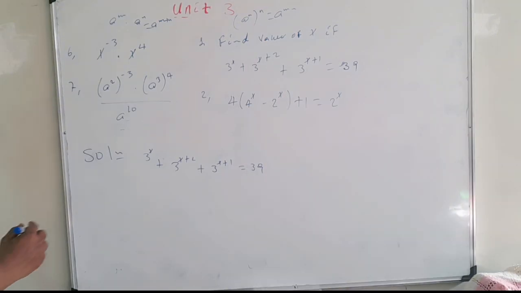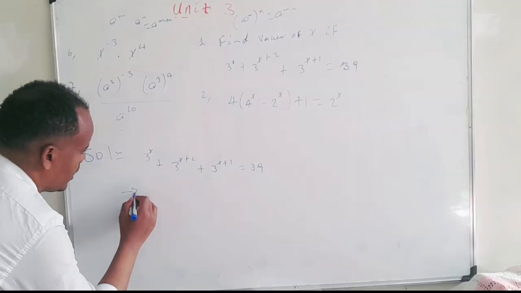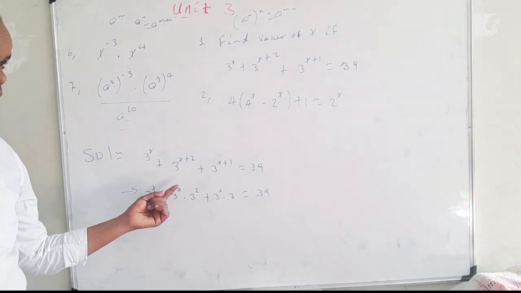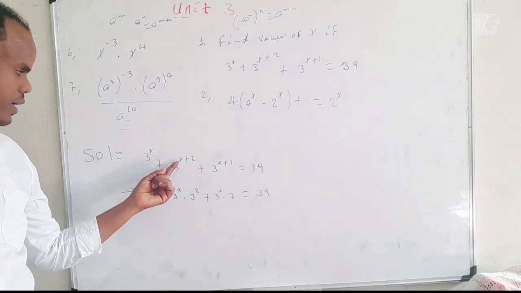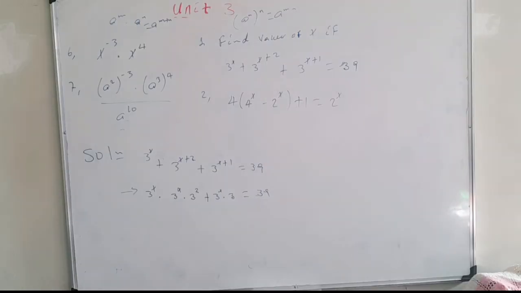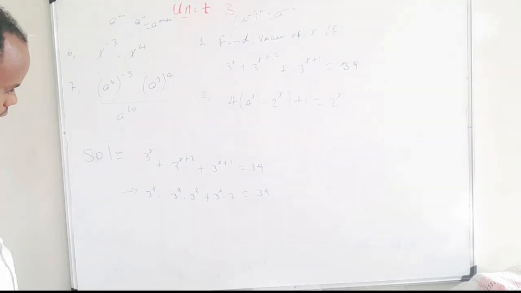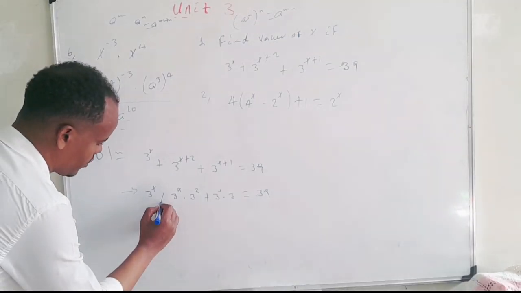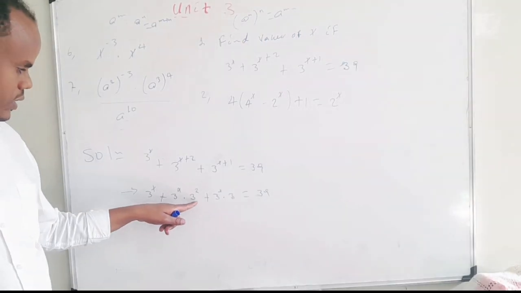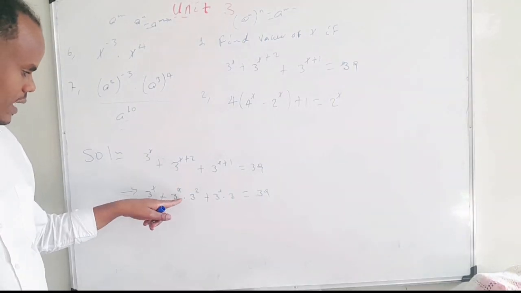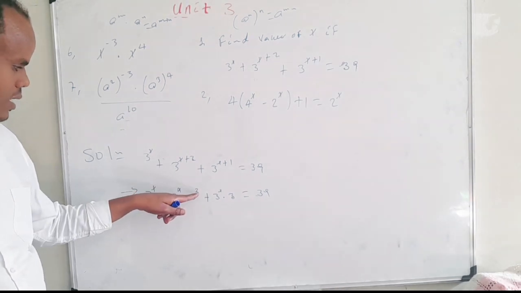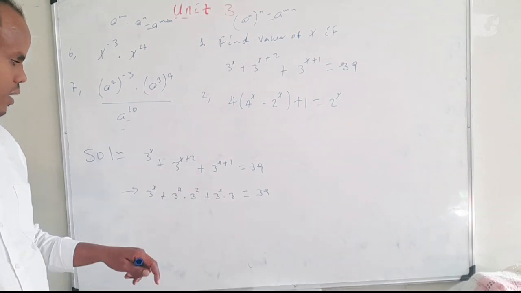This means 3 to the power of x times 3 to the power of 2, using the add the exponents rule. So 3 to the power of x times 3 to the power of 2, select one of the base, which is 3, then add the exponents, x plus 2.